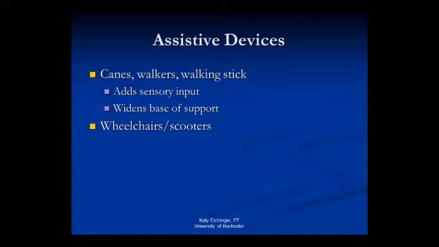Assistive devices such as canes and walkers and walking sticks can also improve balance by increasing the sensory input through the hand. I'm sure many of you have experienced improved balance or stability when all you do is touch a surface with the fingertip or run your hand along the wall when you're walking.